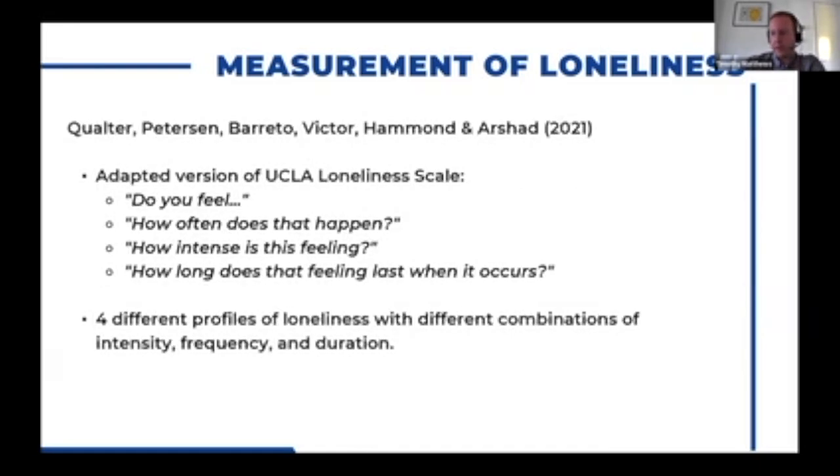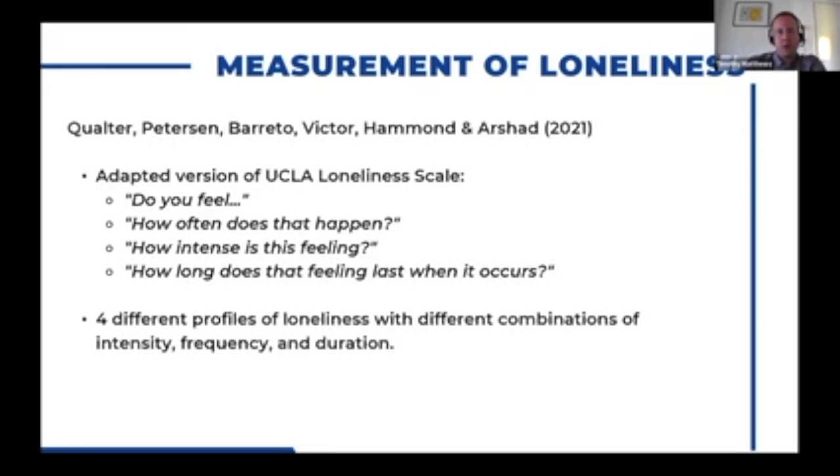Here's another approach that was taken in the BBC loneliness experiment, again by Pamela and colleagues. And here the authors asked not just about how lonely people were, but how often it happens, how intense that feeling is, and how long the feeling lasts when it occurs, ranging from hours to months or more. And within these data, they identified different groups of people.